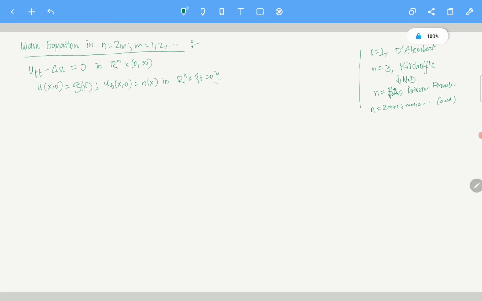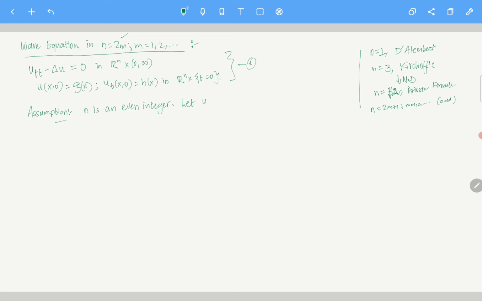So the assumption is n is an even integer, of course greater than or equal to 2. Basically we think there is a solution, and then we find out what u is in terms of g and h. So let's call that 1.